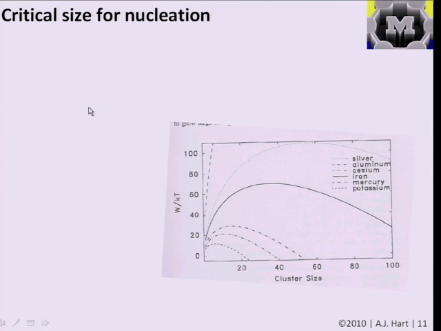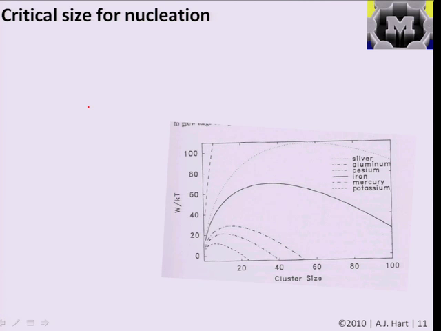And if you look at the free energy change that is associated with forming a cluster of a certain size, and you see the size at which the first derivative of the free energy change with size is 0, that tells you that clusters beneath that size will shrink and clusters above that size are going to grow. And this is a computation following the theory for different metal crystals at certain conditions.